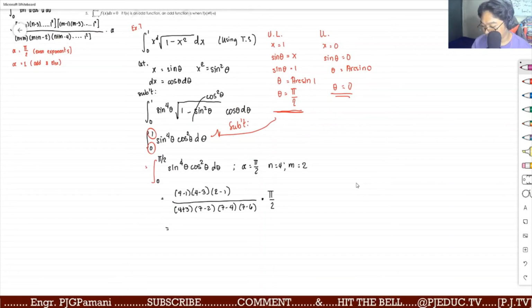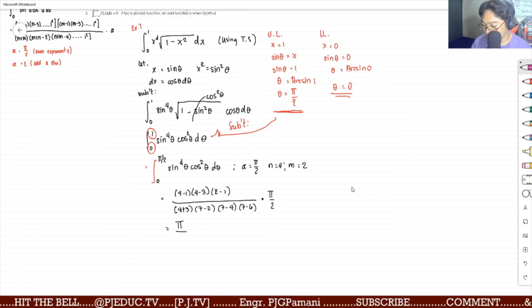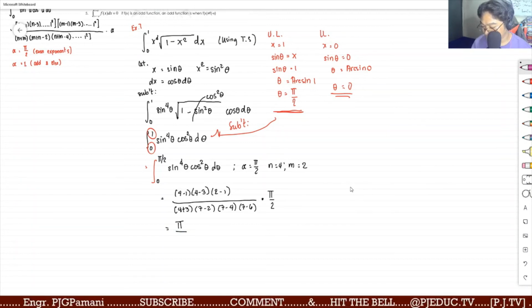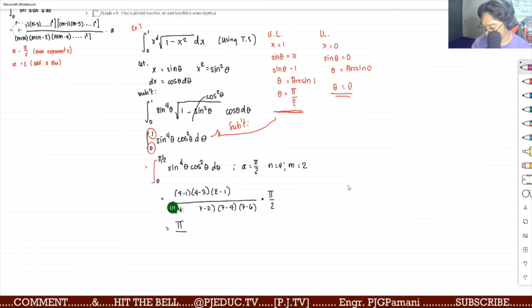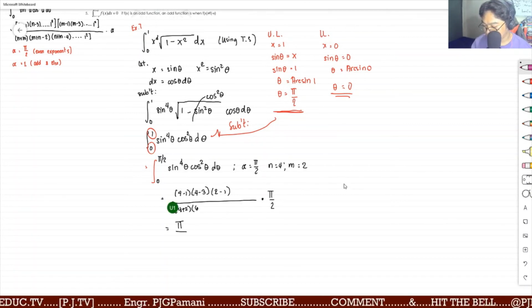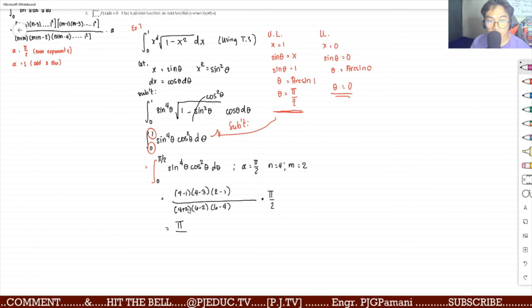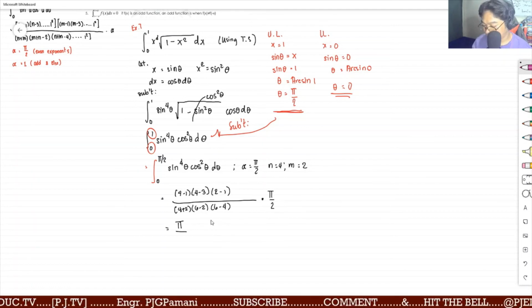So that is 3 times 1 times 1 over 6 times 4 times 2, which is pi over 32.